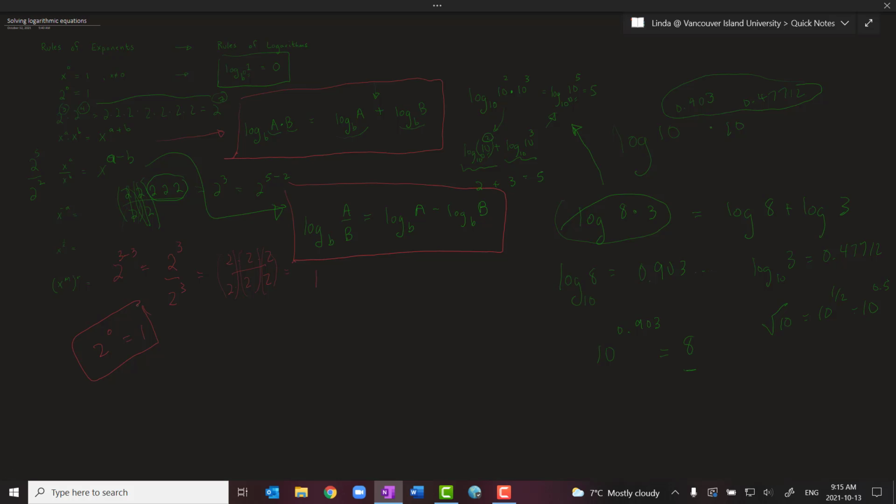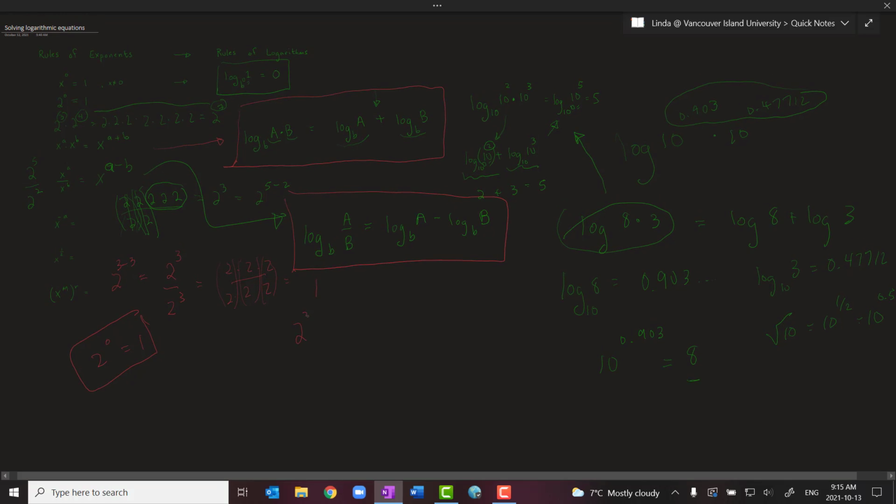And that's by definition, and it sort of makes sense in terms of the pattern. Now, what happens if there's more 2's on the bottom? So you have 2 to the 3 over 2 to the 4. Well, let's just do it out the long way. We have 2 times 2 times 2 on the top, and we have 2 times 2 times 2 times 2 on the bottom. So 3 of these 2's pair up and become 1's.